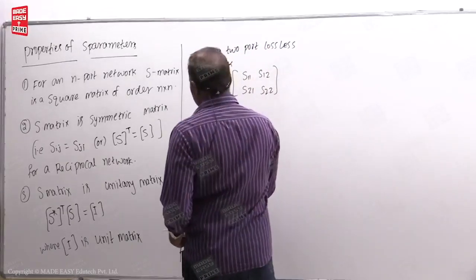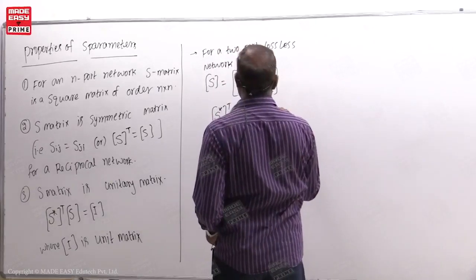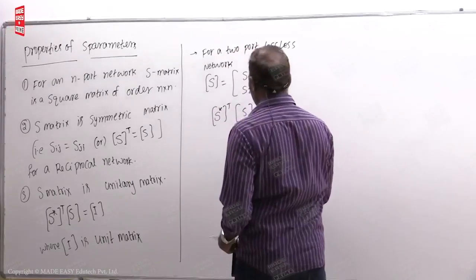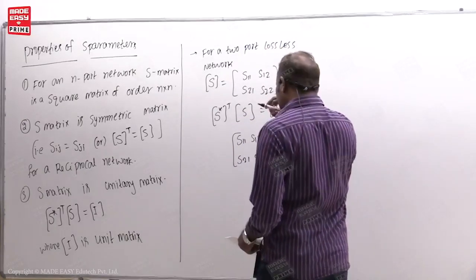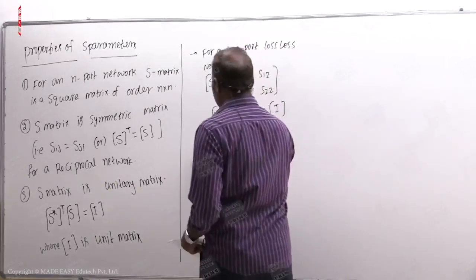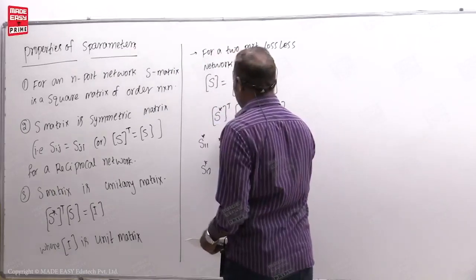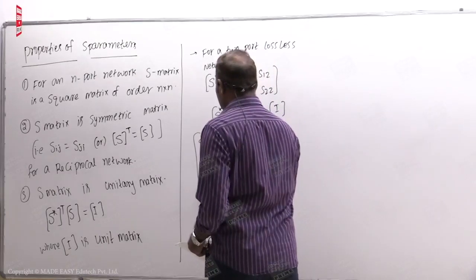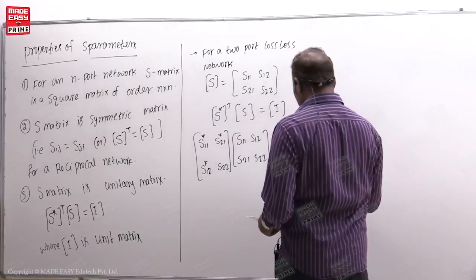Then S star transpose into S is equal to I. Here S is nothing but S11, S12, S21, S22. Then you take the complex conjugates and take row and write in column wise. So S11 star, S12 star, then S21 star and S22 star is equal to 1 0 0 1.